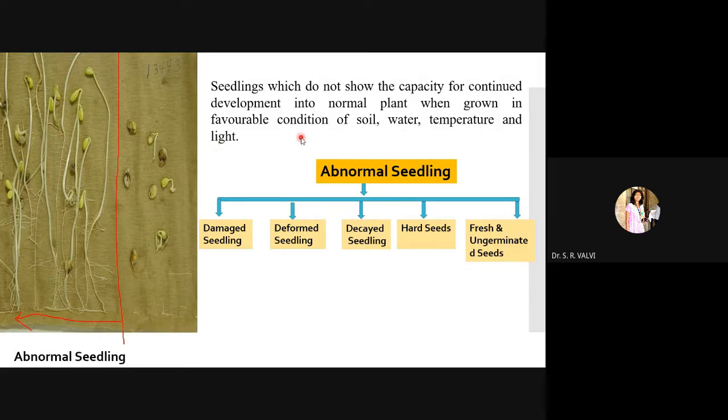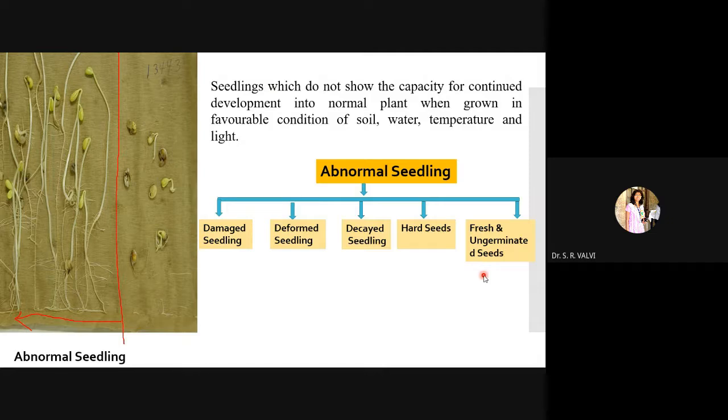Even if we provide such conditions, they are unable to germinate and unable to grow further. This abnormal seedling is divided into five subtypes: first is damaged, second is deformed seedling, third is decayed, fourth is hard, and the fifth is fresh and ungerminated seeds, right?